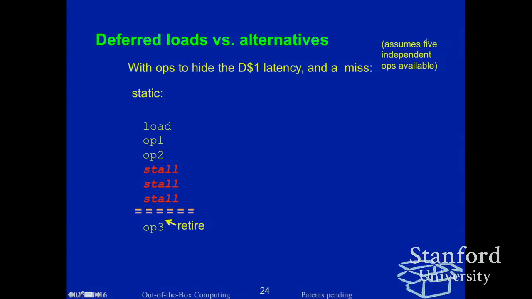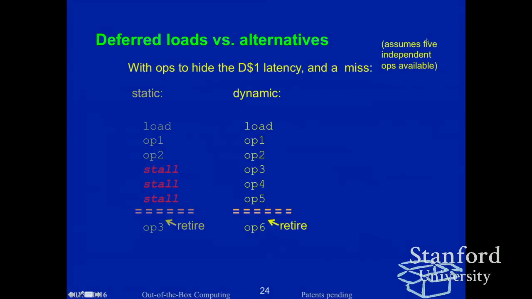The double yellow line there means an unknown number of cycles if we happen to go to DRAM. Eventually it will retire, but it's only actually executed 2 with a possible 5 at the point of retire when it picks up again. The dynamic case can do better than that.